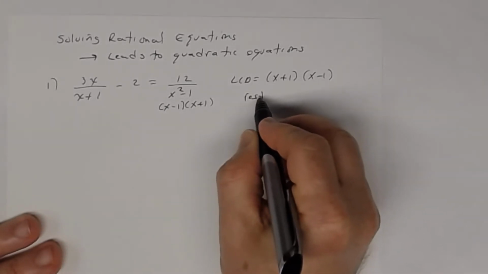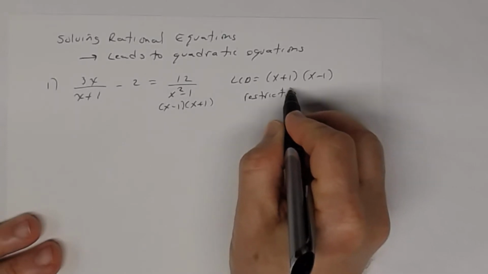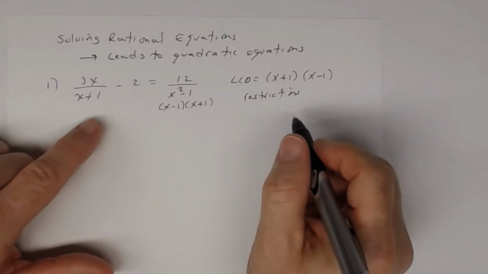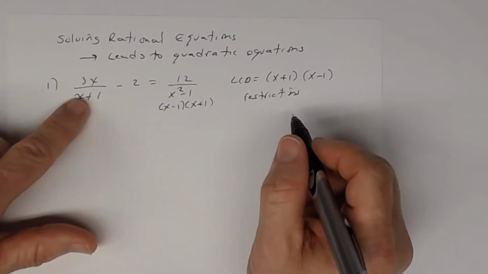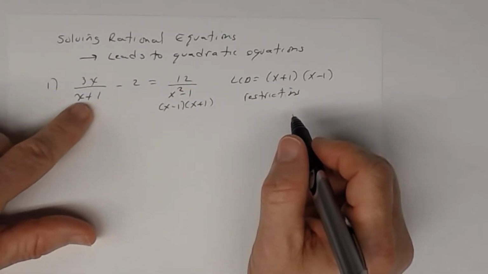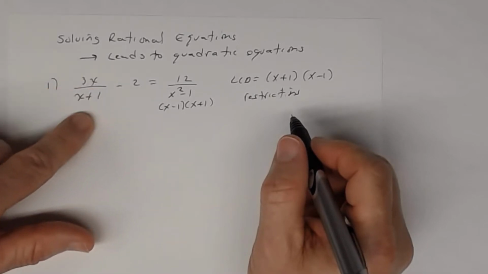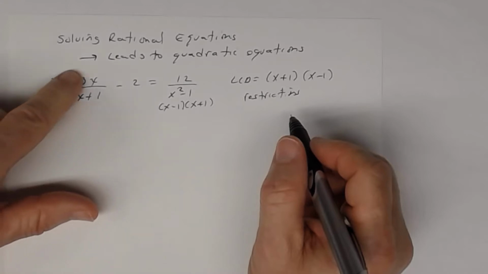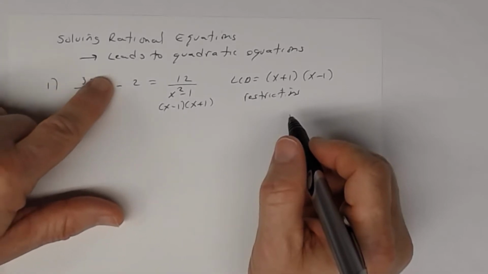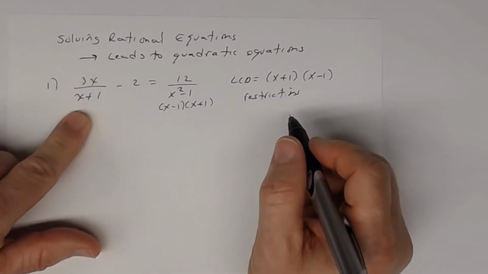Now the next thing you need to do is find the restrictions. Remember, when dealing with a rational equation, the restrictions come about for the values of x, or the values of the variable, because it doesn't always have to be x, that make this rational expression undefined.